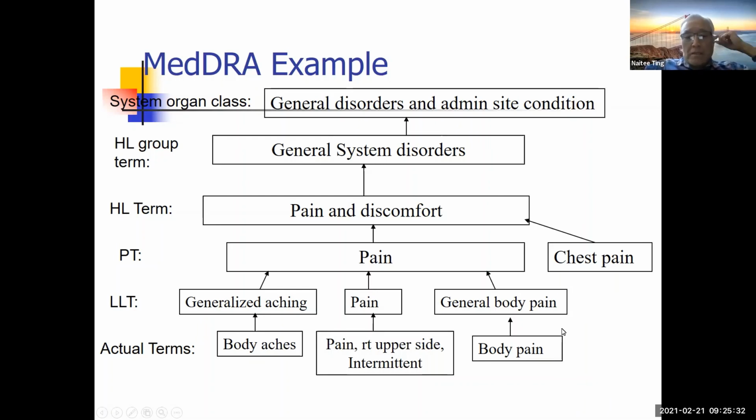So for the data management process, before you report the AE table, all these AE CRFs will go through an auto encoding program. This computer program will interpret all the actual terms into the MedDRA dictionary terms.